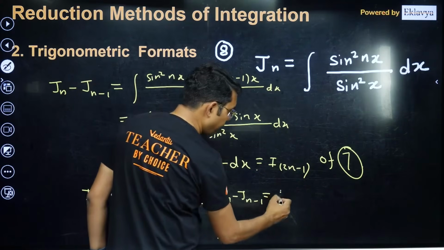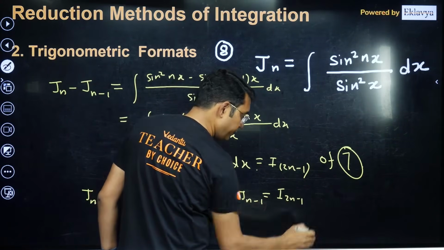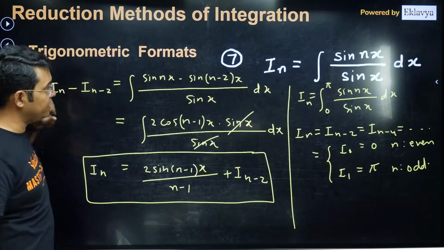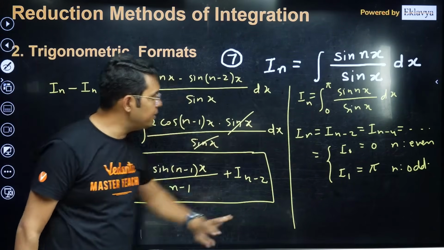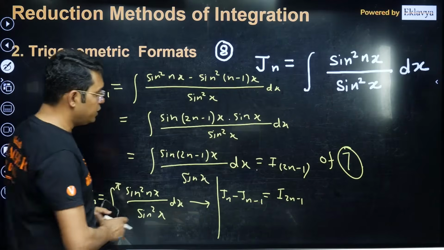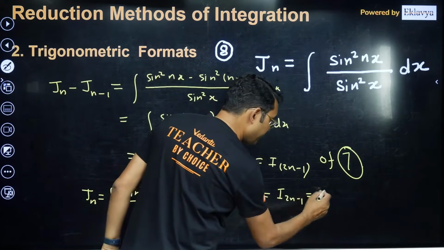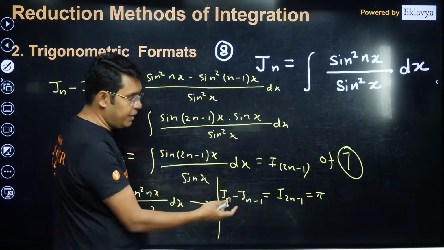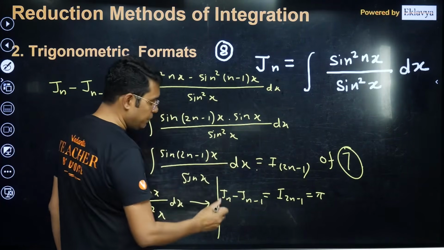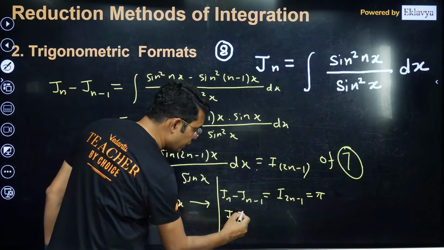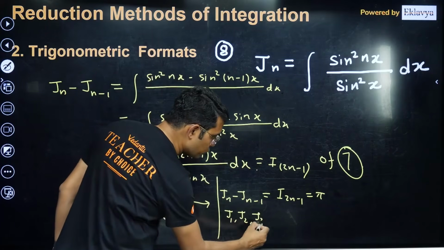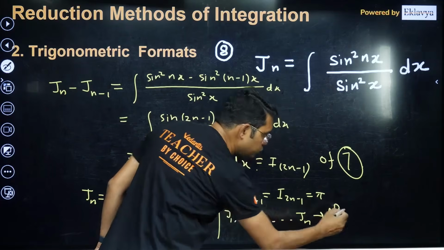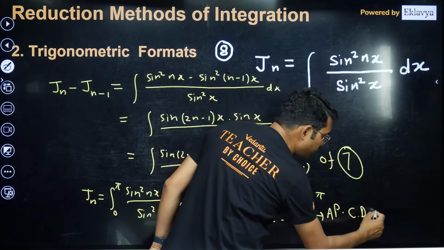It will be I(2n minus 1). And I(2n minus 1) means it will be odd number, and we have seen for odd value it is equal to pi. So you can see the difference of two consecutive Jn and Jn minus 1 is pi, which means your J1, J2, J3 and so on should be an AP whose common difference is equal to pi.